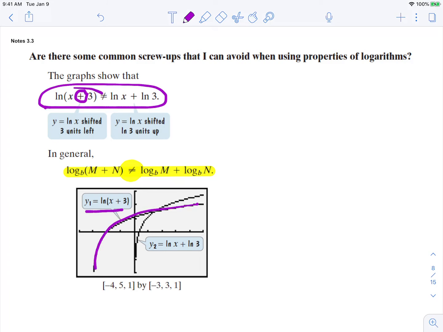That's your left side. And then here's your second function graphed out, your right side. They are not the same. So we cannot, in this yellow area here, use addition. It's product rule, not addition rule.